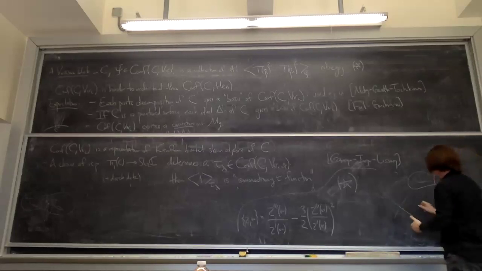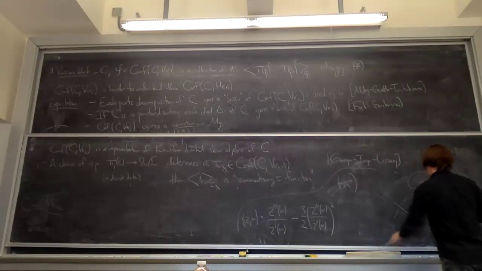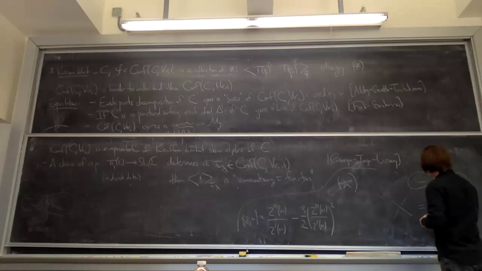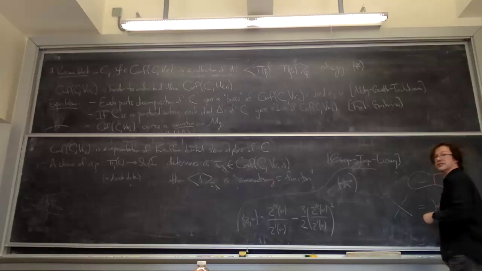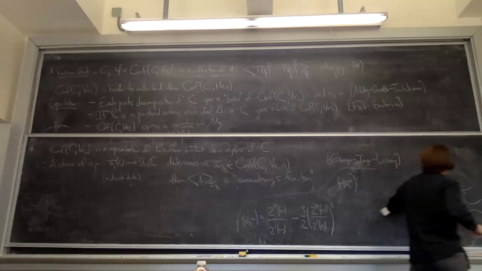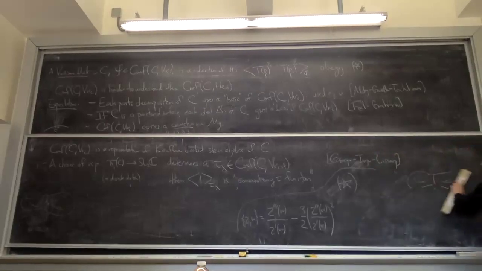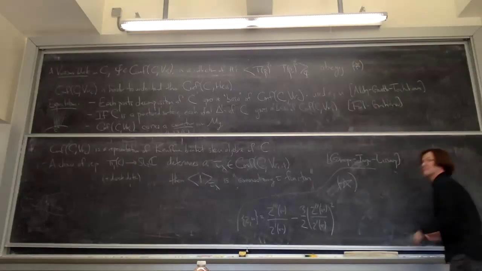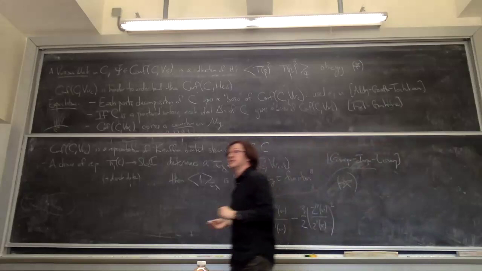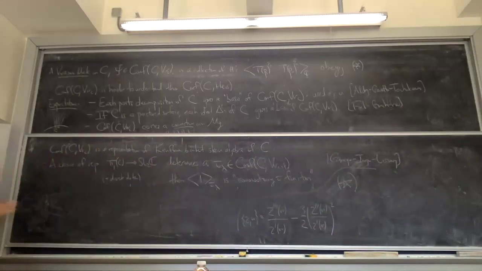And the relation that they obey is like this: it's the sum of something like this and something like this with some coefficients depending on Q. That's for sure. That's right. Okay, good.